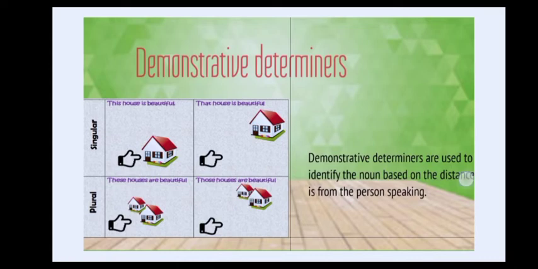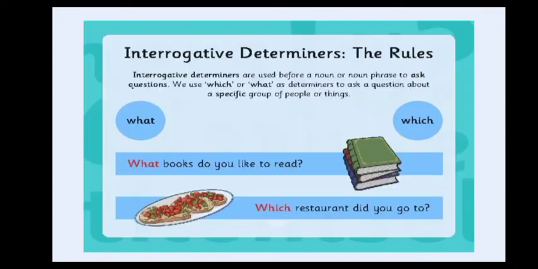Now, the next is your interrogative determiners. The basic of interrogative is to investigate. Investigate means to find out something, or you can say to ask questions. Interrogative is to ask questions.